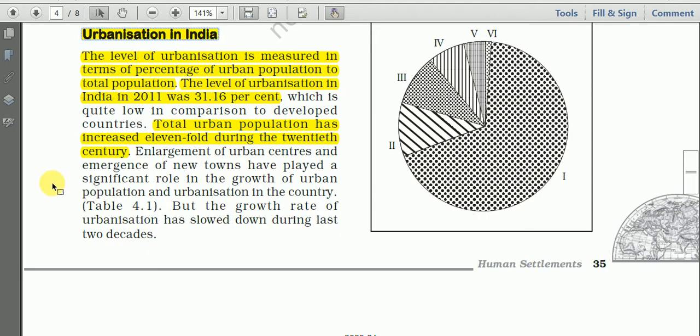What do you mean by urbanization? Do you remember what you mean by urbanization? The meaning of urbanization we discussed earlier when we discussed chapter 10 of Fundamentals of Human Geography. We discussed the meaning of this term urbanization. Do you remember?